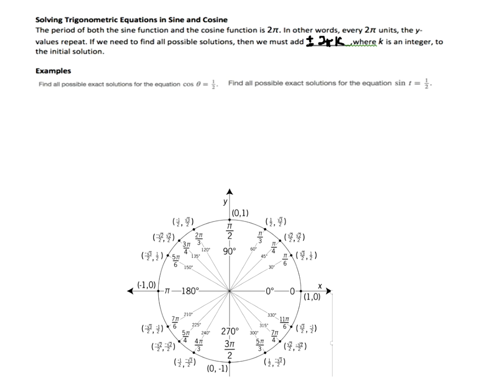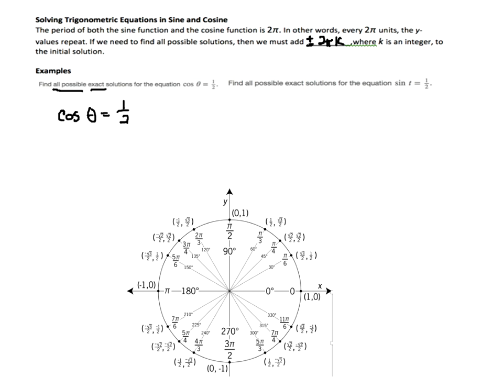It says find all possible exact solutions. They say exact because that means you're not going to go to your calculator and punch it in. You're going to use the unit circle to solve the equation. So, all possible exact solutions for the equation cosine theta is 1/2.